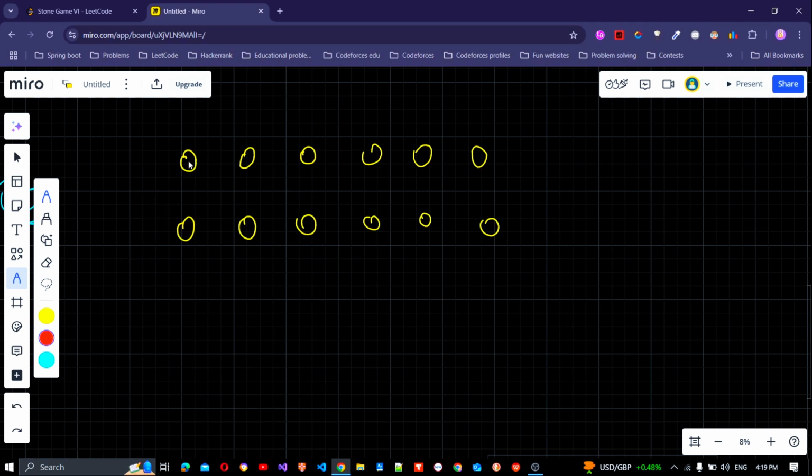Now imagine that this stone and this stone have been chosen by Alice, and the remaining stones are chosen by Bob. Okay, let me make it red.